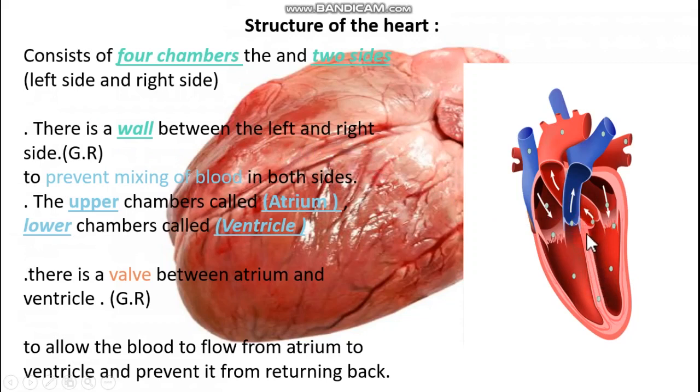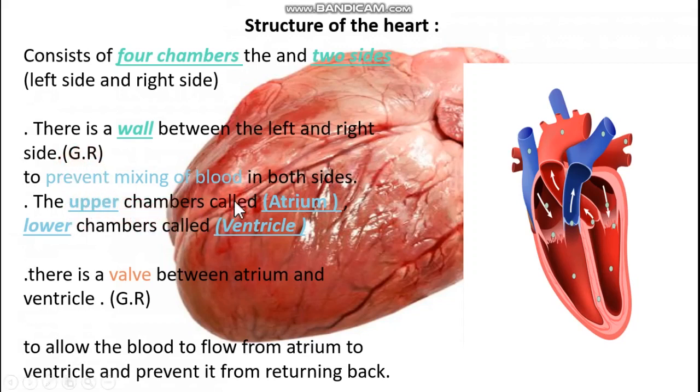Give reason why we have a wall between the left side and the right side of the heart: to prevent mixing the blood in both sides, because one side has blood with oxygen and the other side has blood with carbon dioxide, or deoxygenated blood.